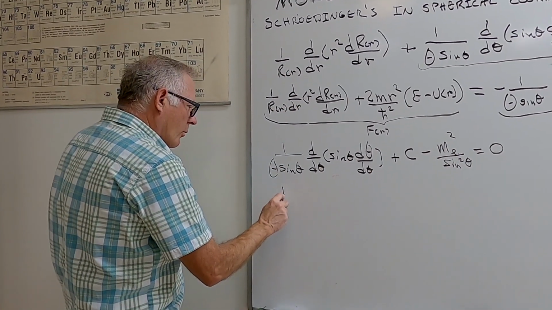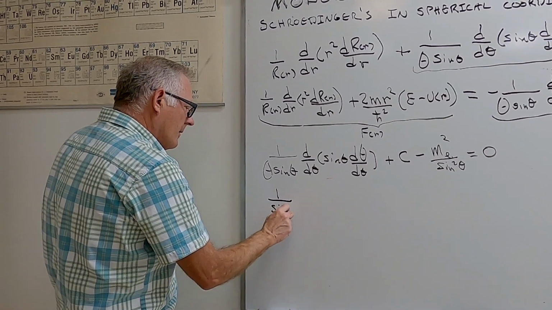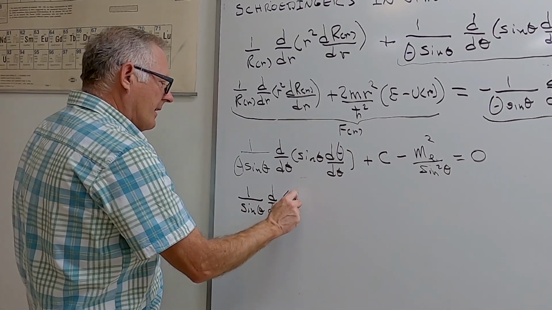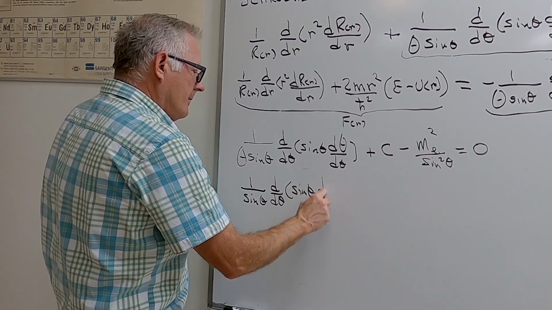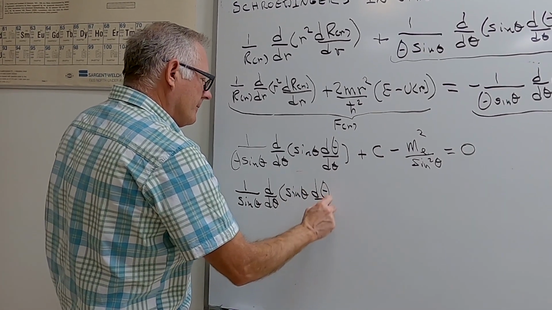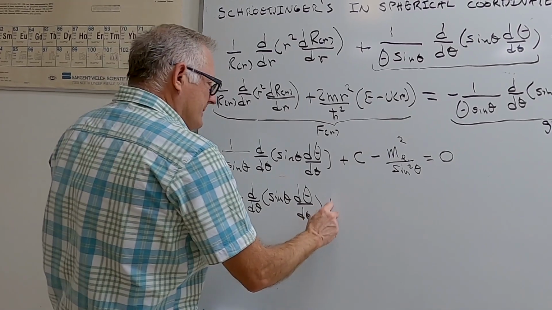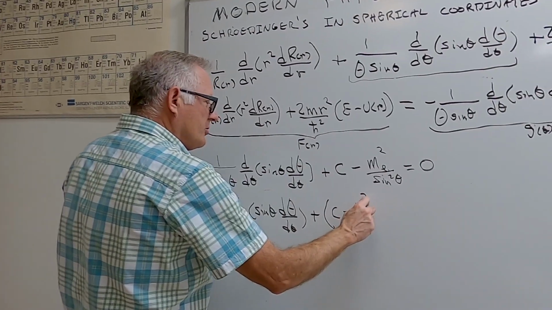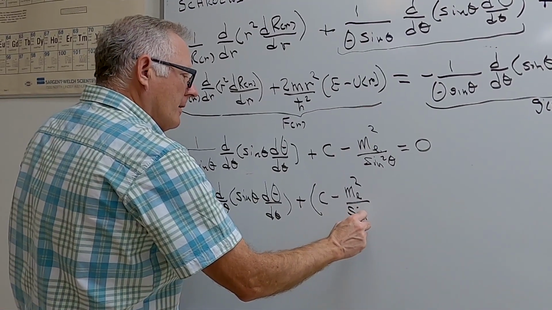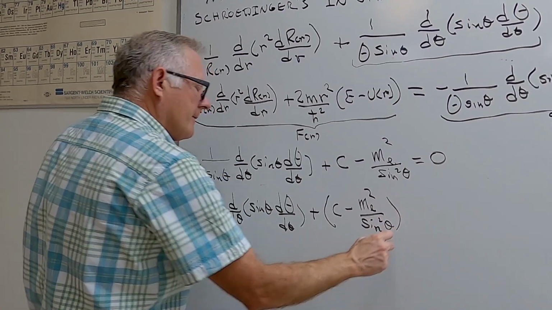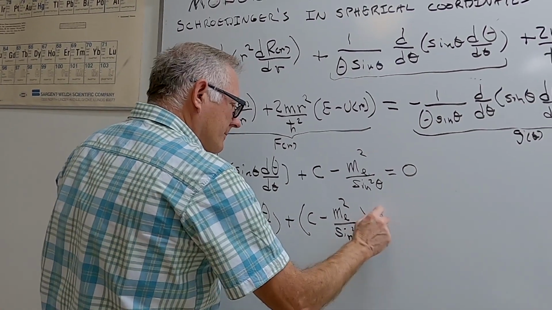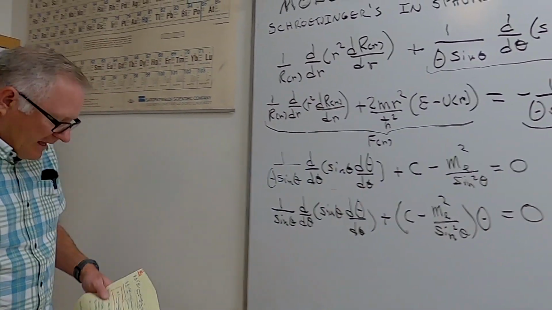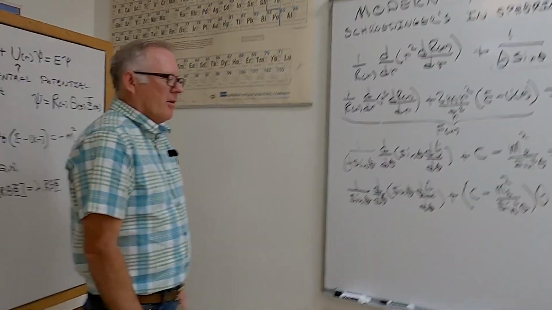So we end up with 1 all over sine theta, d d theta of sine theta d big theta d theta, plus c minus m sub l squared all over sine squared theta, times big theta, and that equals 0. Okay, so that's the differential equation we have to solve right here.